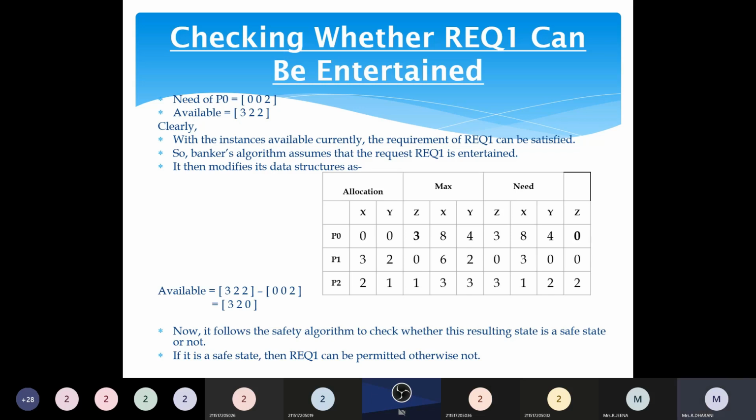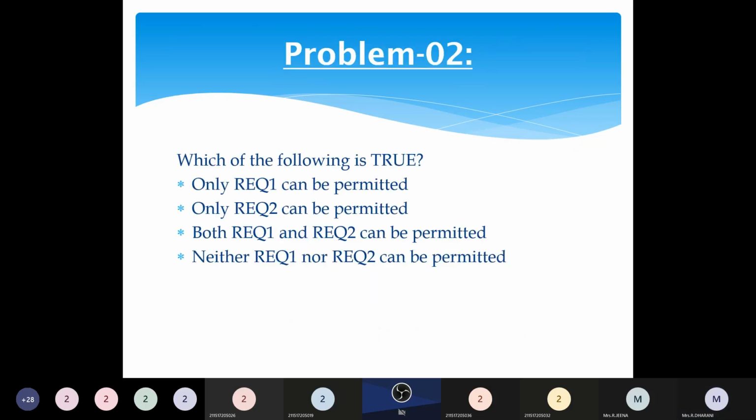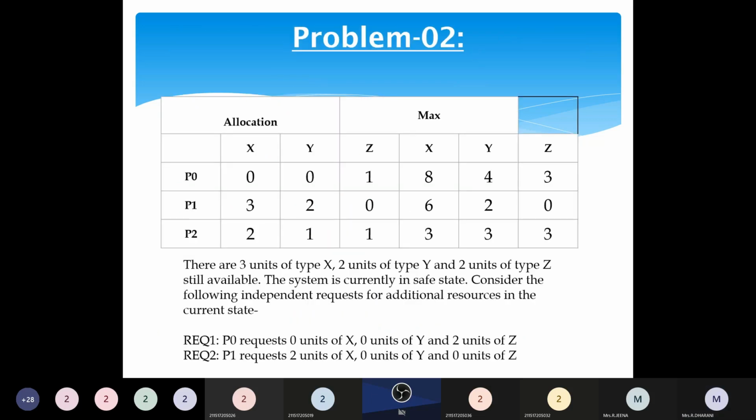With the instance available currently, the requirement of request 1 can be satisfied. Okay, so Banker's algorithm assumes the request R1 is entertained. Okay, because the additional request of R1 is 0 0 2, that is the additional request.